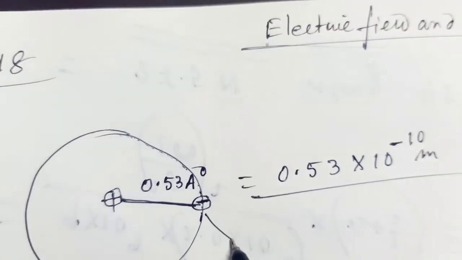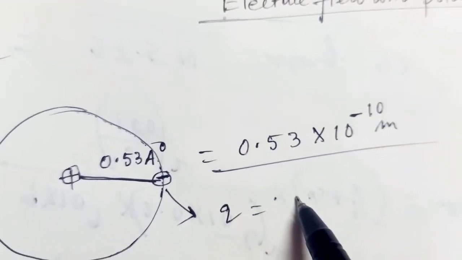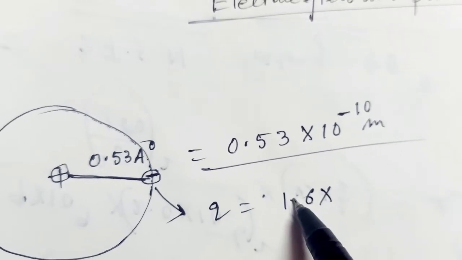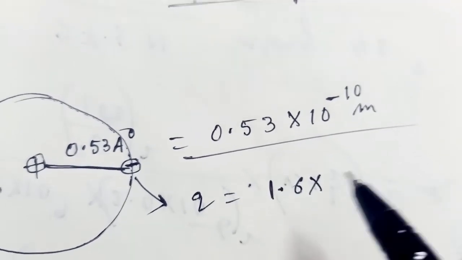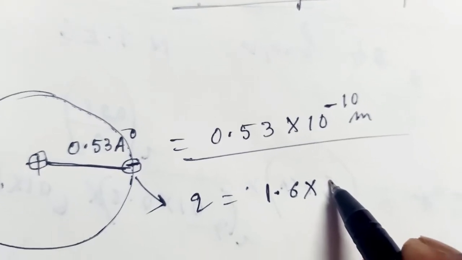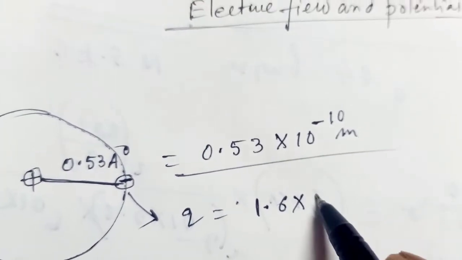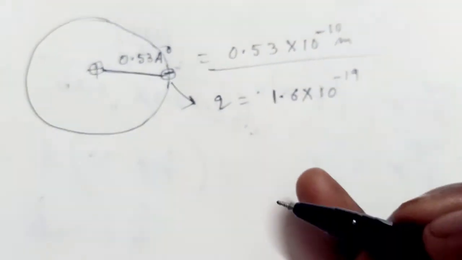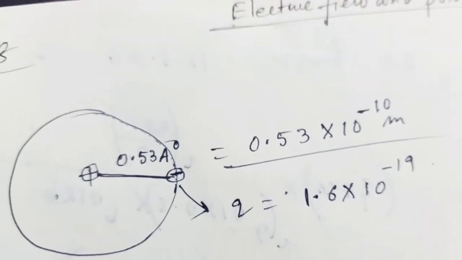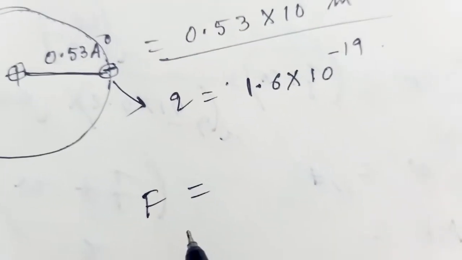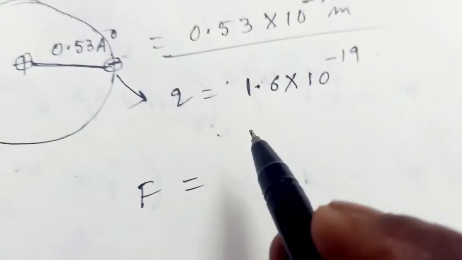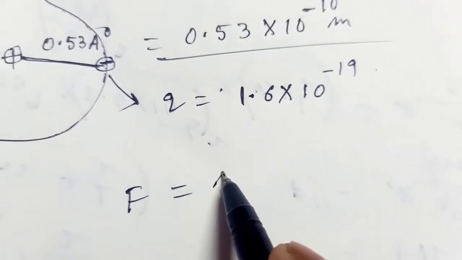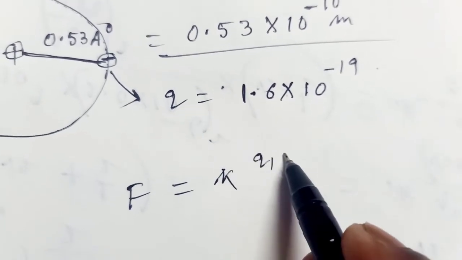So the charge of an electron, Q equal to 1.6 into 10 to the minus 19, from quantization of charge we know that this is the least value of charge possessed by an electron as well as a proton. So the force, according to Coulomb's law, is directly proportional to the product of the charges and inversely proportional to the square of the distance between them.